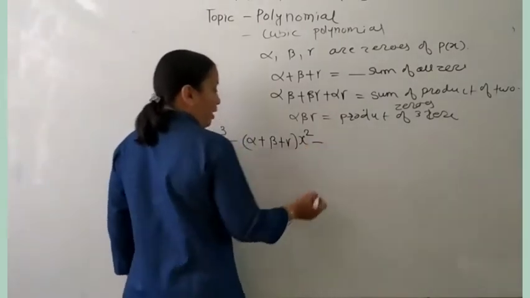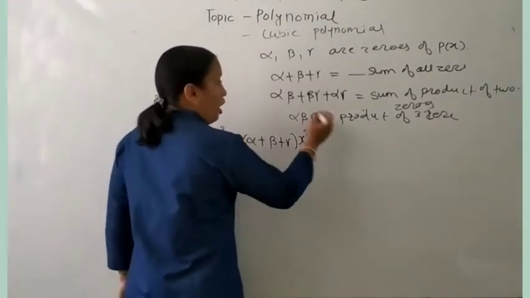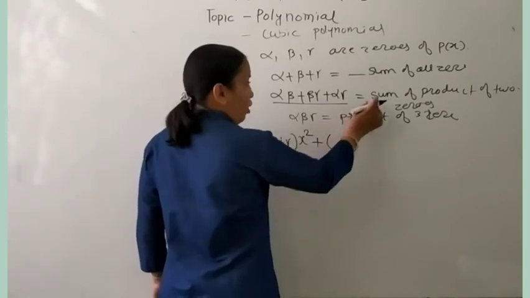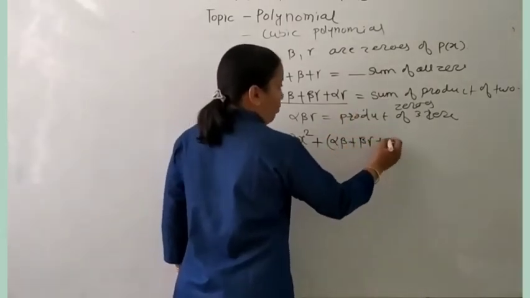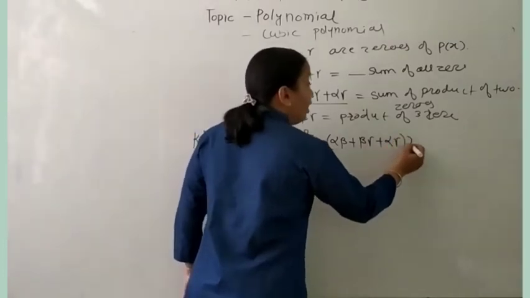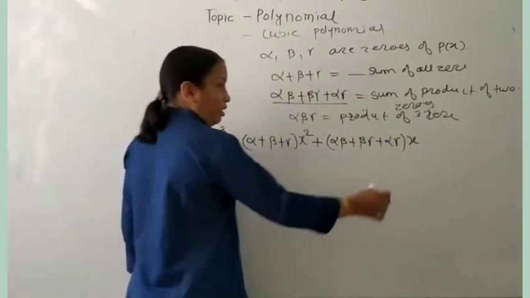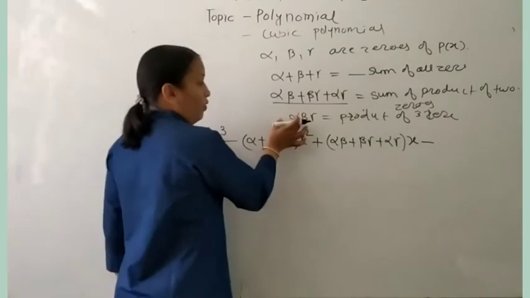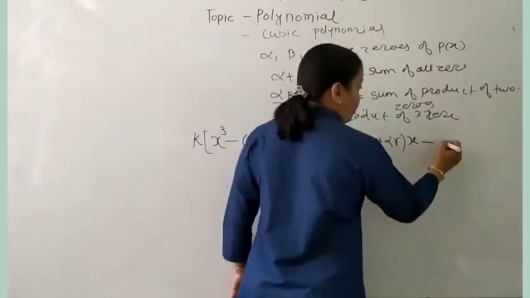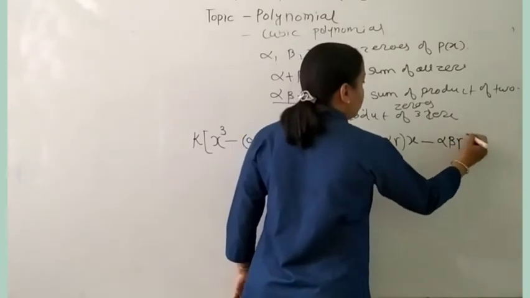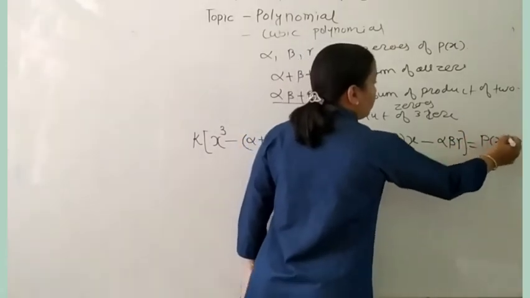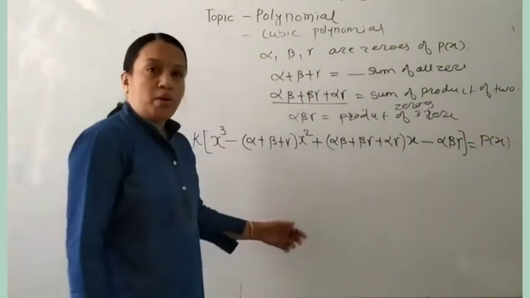Now again minus, plus. Now this you have to write, that is sum of the product of two zeros, alpha beta plus beta gamma plus alpha gamma into x. And then constant term is alpha beta gamma, that is product of all three. This is your P of x, that is cubic polynomial.